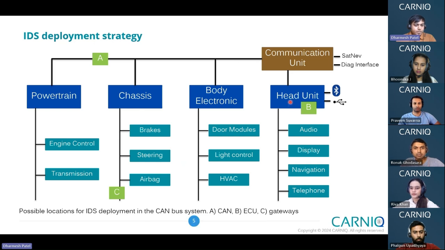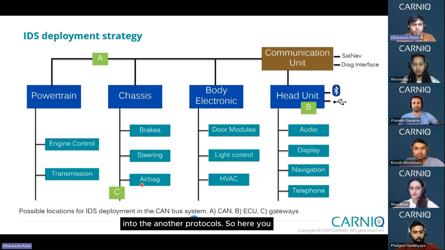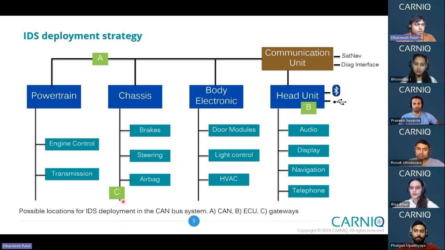The third place, C here, is the ECU gateway. The gateway's main functionality is routing the data and translating it into other protocols. Here at C you have different vehicle functions connected to CAN, and this is the junction where some other ECUs might also be sending data with a different protocol.